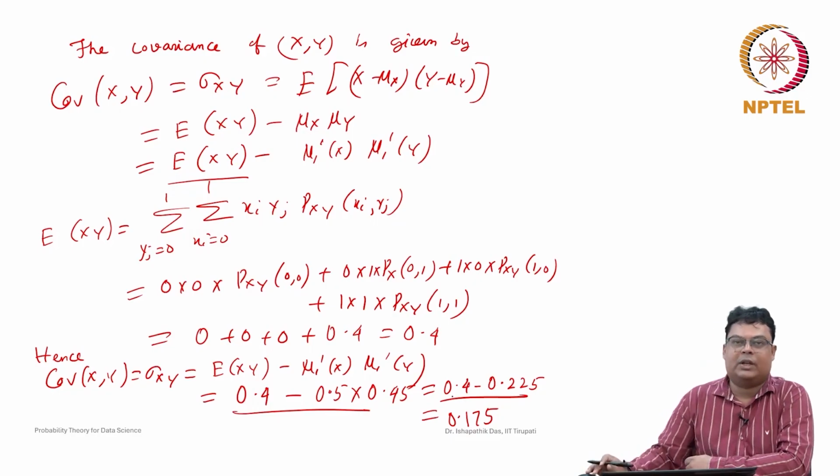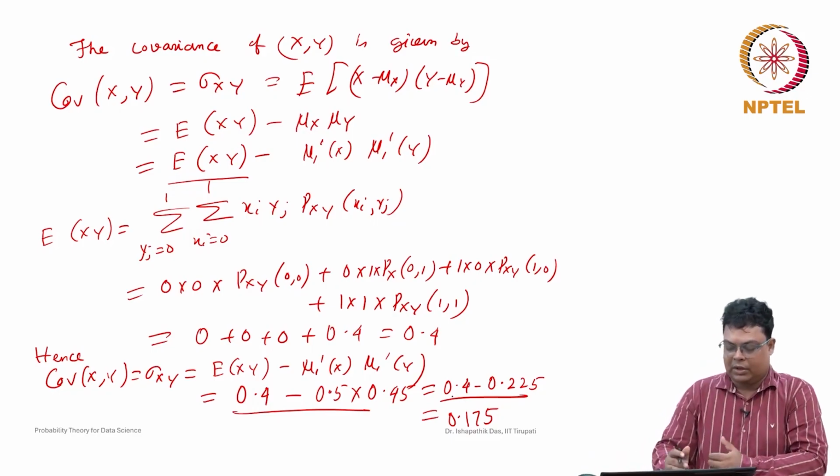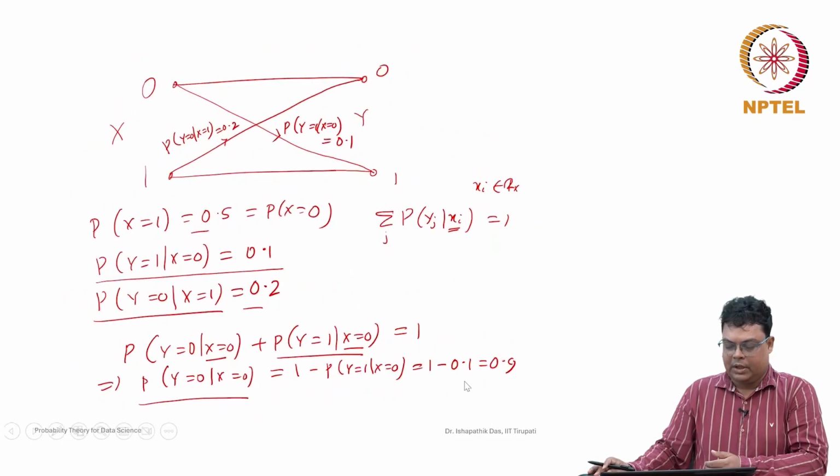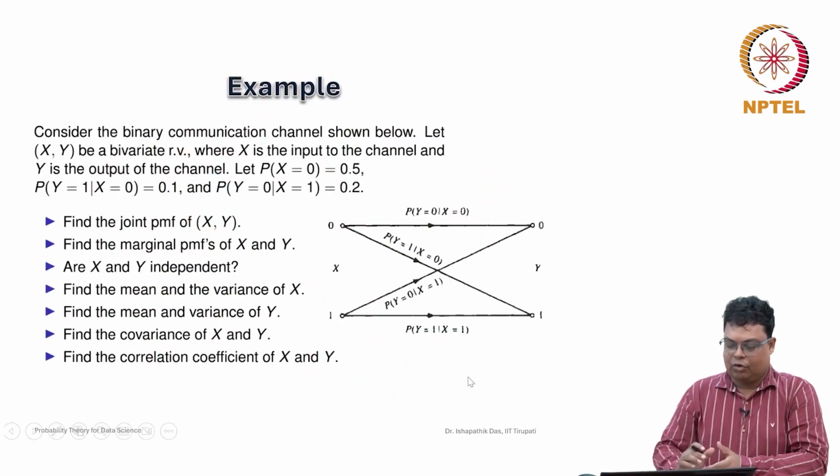This is the covariance. We say it is positively correlated, as this covariance value is positive. Next, any remaining questions? This is the covariance of xy; now find the correlation coefficient of x and y. This is the last question.